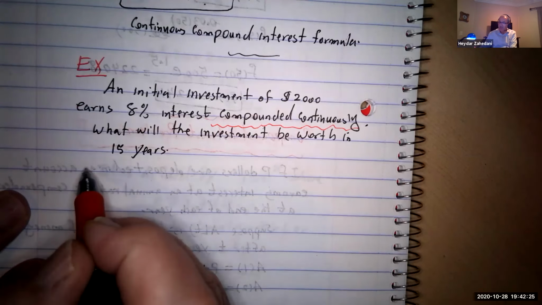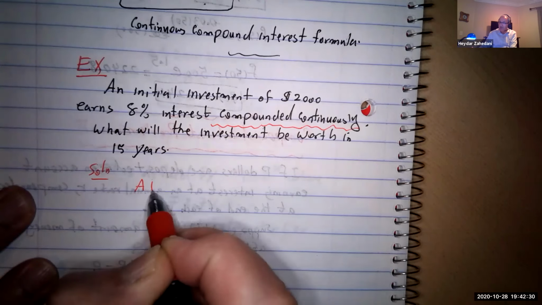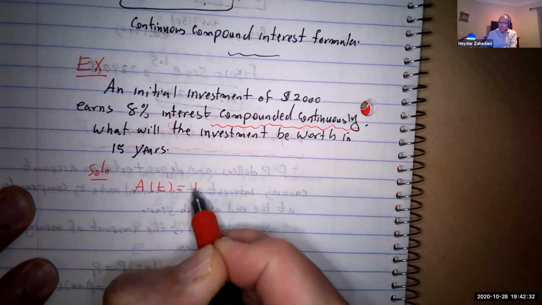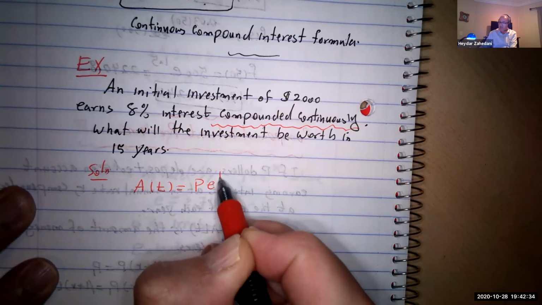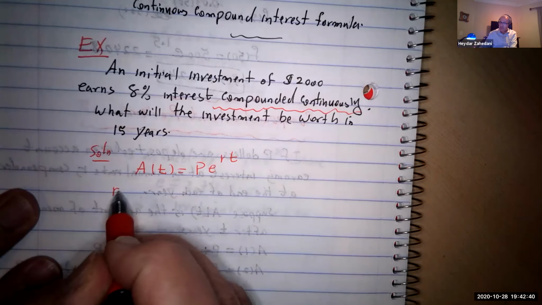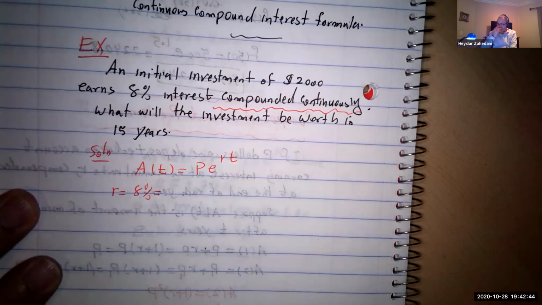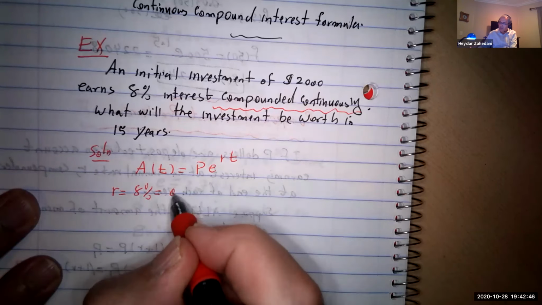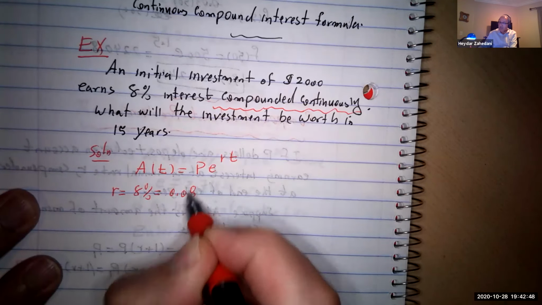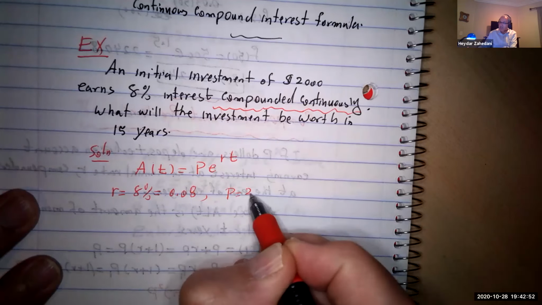Since it's continuously, you are going to use this formula: A of t equals P e to the rt. Bring your numbers. Your r is 8%, which is going to be 0.08, and your P is 2000.